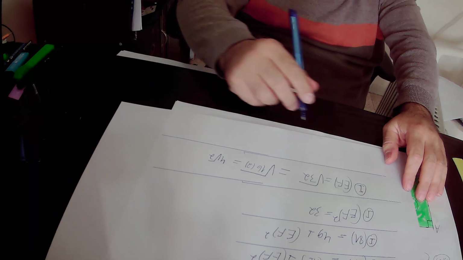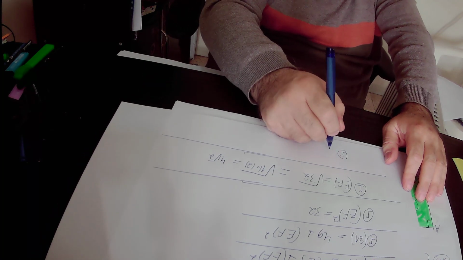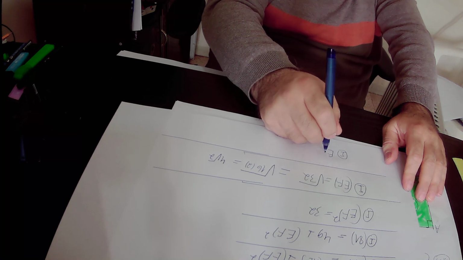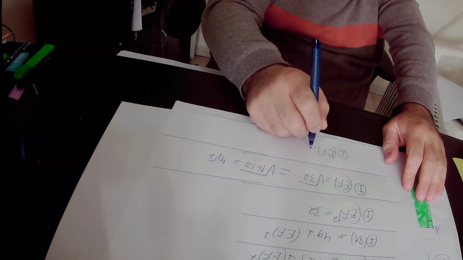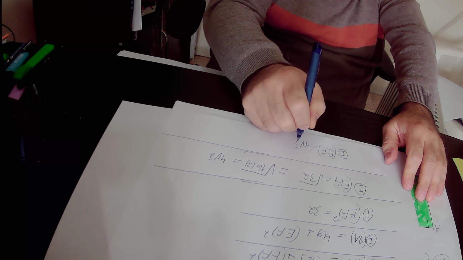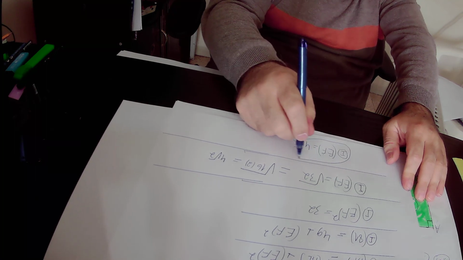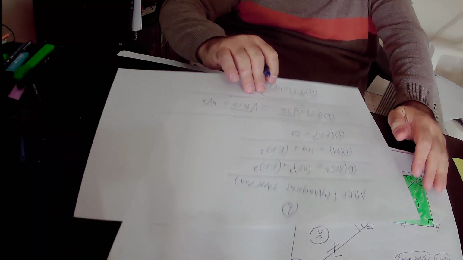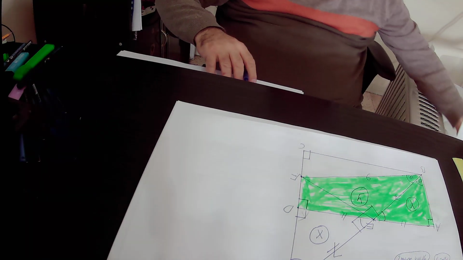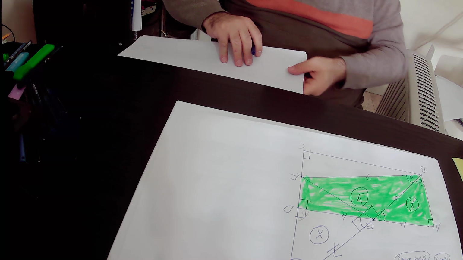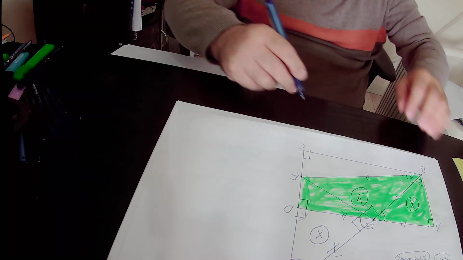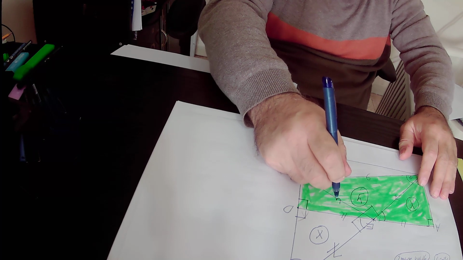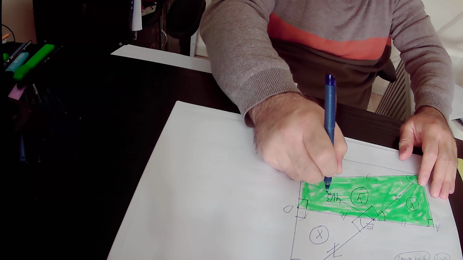So in conclusion, we found out that EF, the median EF, equals 4 times the square root of 2 units. So we can write here that EF equals 4 times the square root of 2 units.